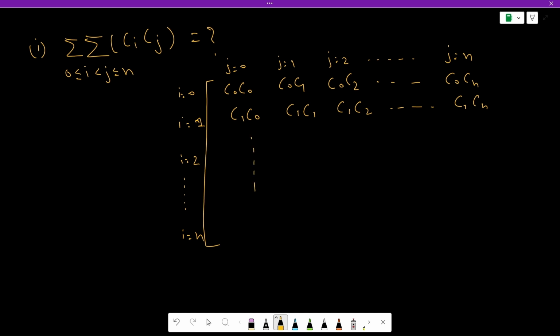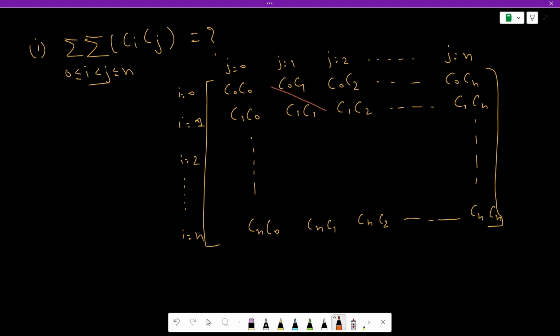Similarly, we will fill this matrix till Cn C0, Cn C1, Cn C2, and up to Cn Cn. Right, so we have filled this matrix. Now what we need is i should be less than j, and can you figure out where we can find it? It is here only, this upper triangle, this one.